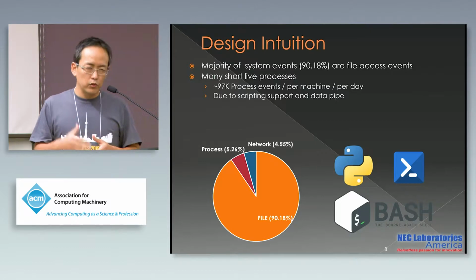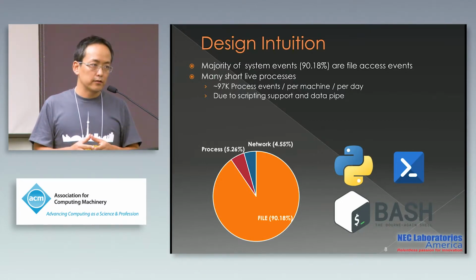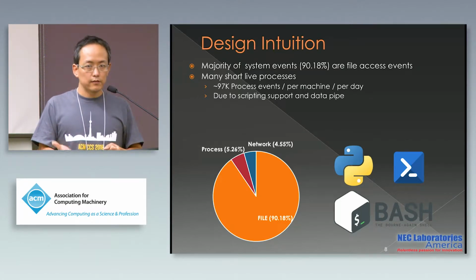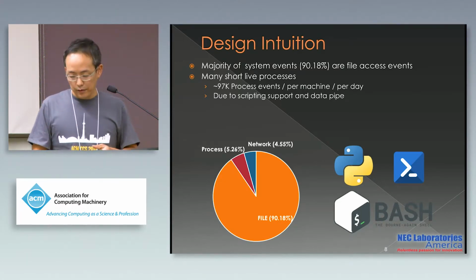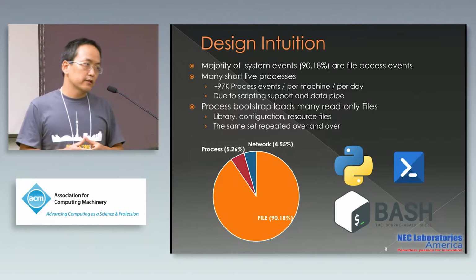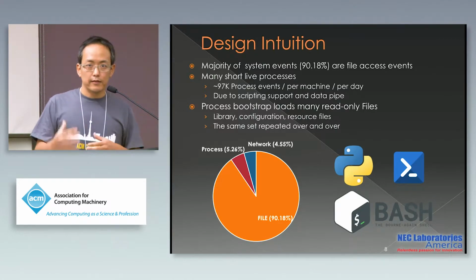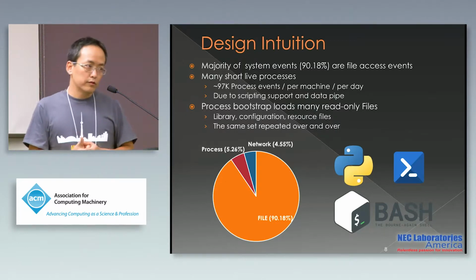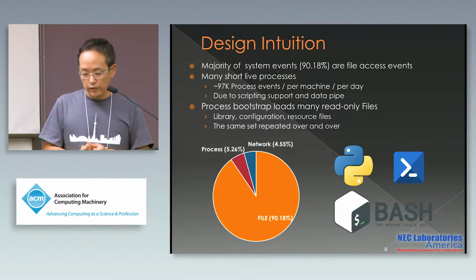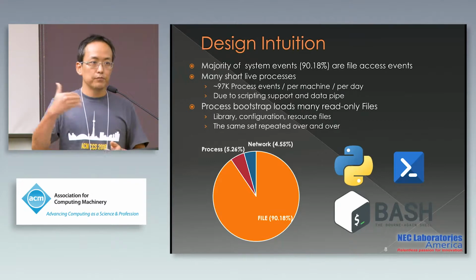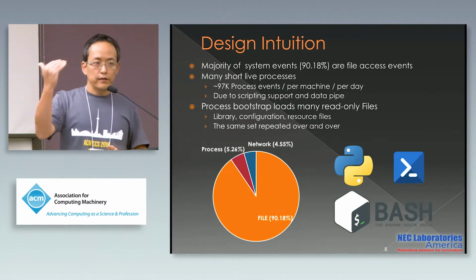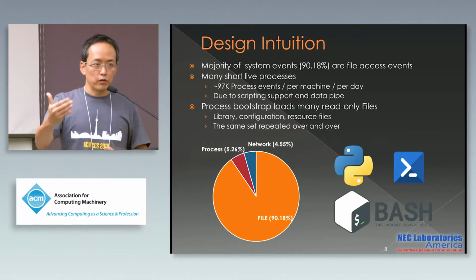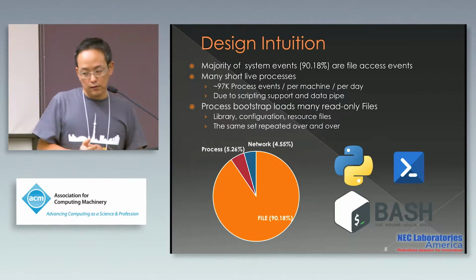Therefore, due to this, we see a lot of process creation and process exit events in a short period of time. And this kind of event involves a very static set of patterns repeated over and over again. So it first loads the libraries and then configuration files and resource files as it bootstraps the process and gets ready for the actual work to be performed by the program.